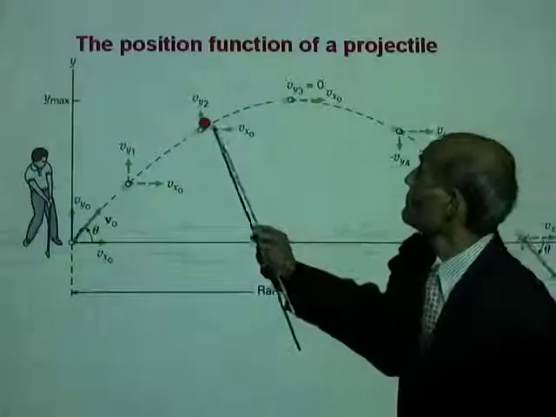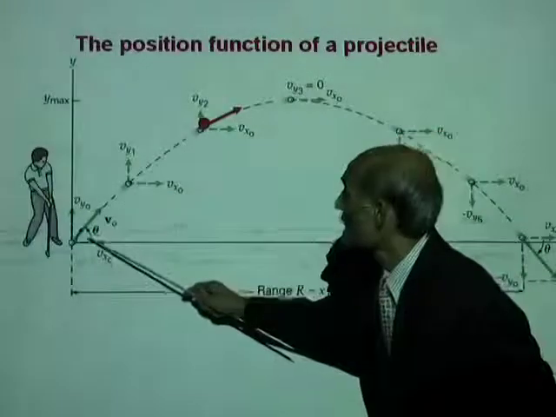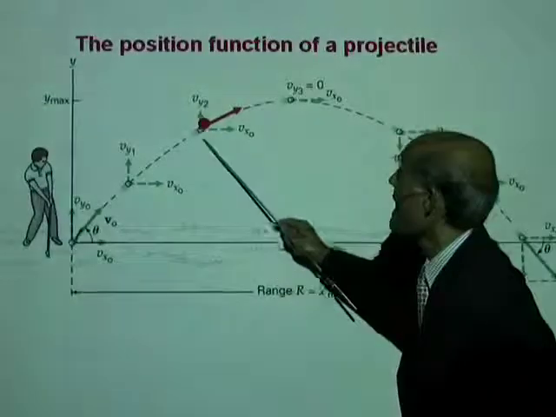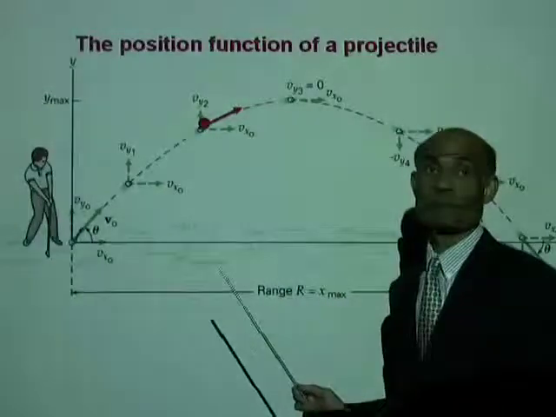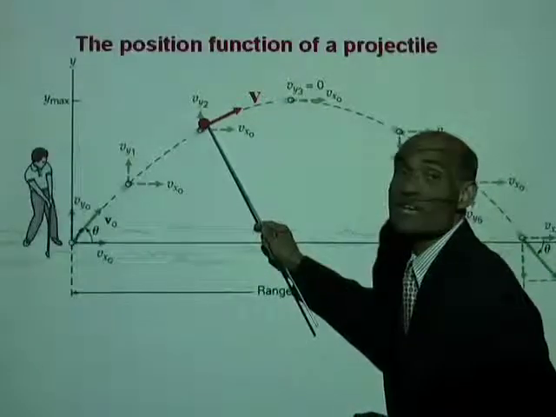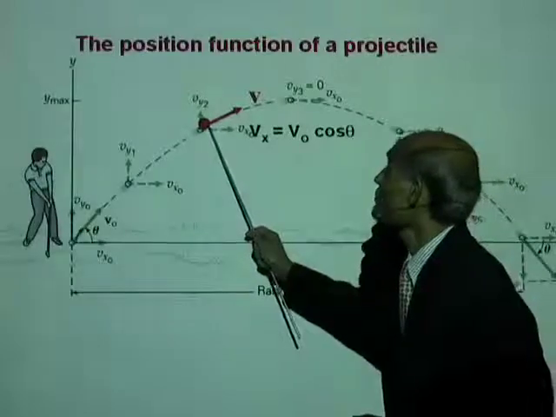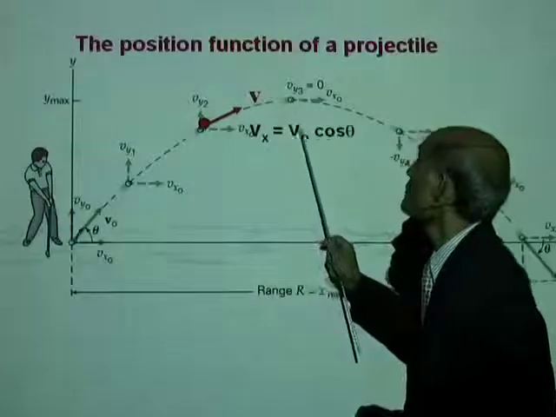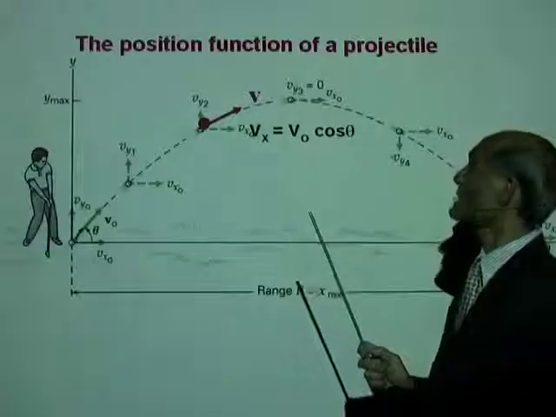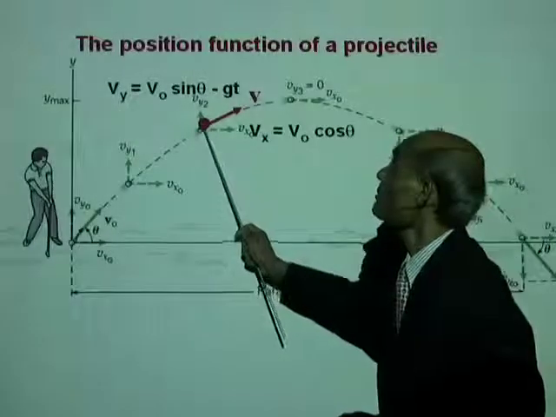Alright, if the ball is at any particular position, it has an x displacement and a y displacement. So if the velocity of the ball at any given time is v, it has an x component, Vx equal to V0 cos theta, and Vy, what will be the velocity here?